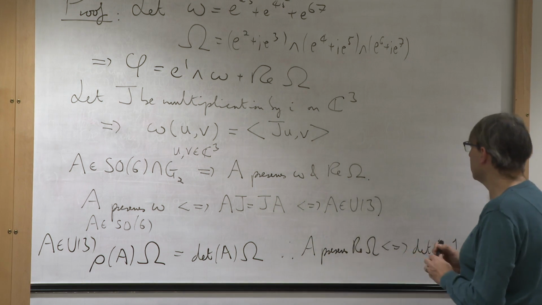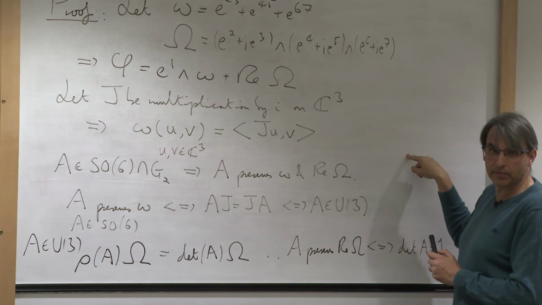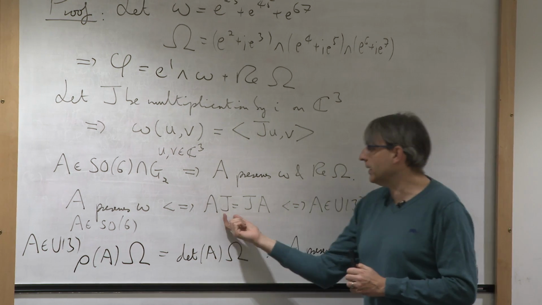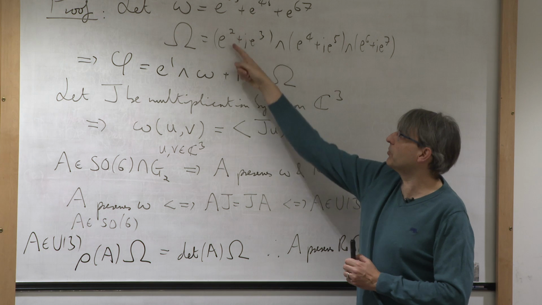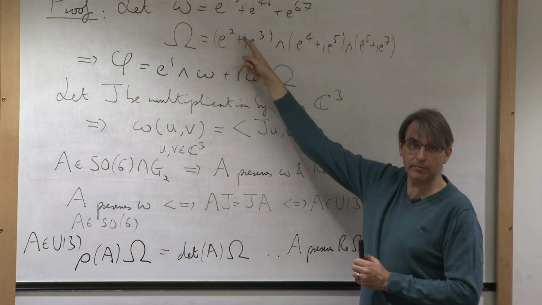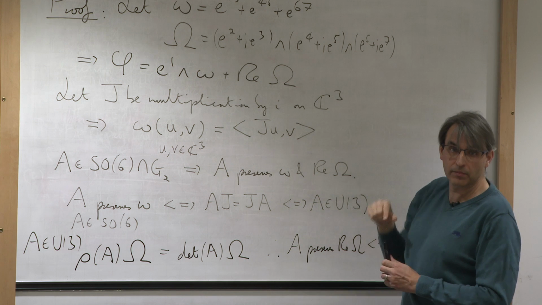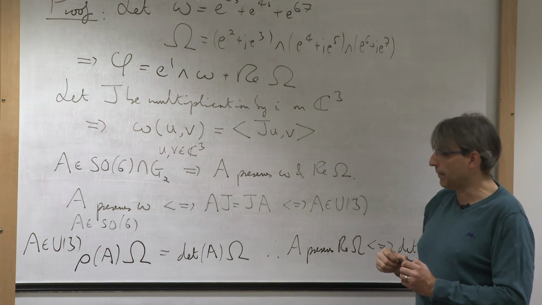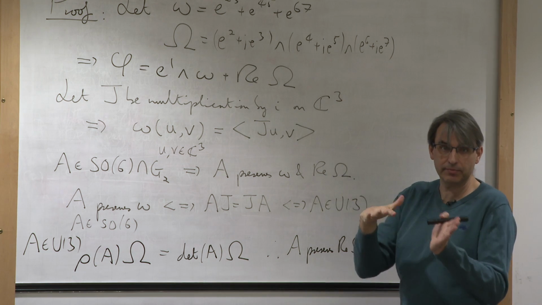So they look like cos theta, minus sine theta, sine theta, cos theta. They have to respect the multiplication by I. Said another way, I does a 90-degree rotation in this plane, and a 90-degree rotation in that plane, and a 90-degree rotation in this plane. J, which is the multiplication by I, as a matrix in R6, rotates each of these by 90 degrees.